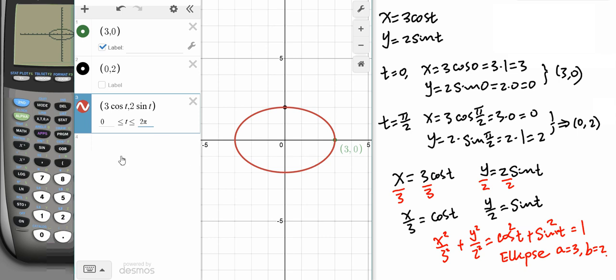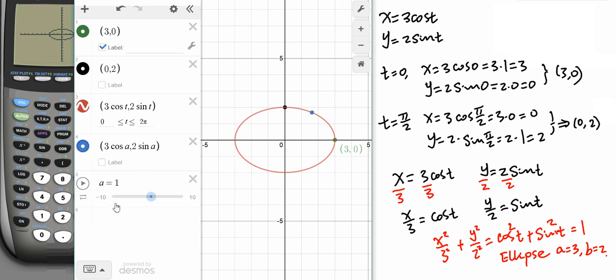Okay, and then you actually want to know the direction. For the direction, rather than cosine t, you want to do cosine a, and 2 sine a, you want to input a here. Then it adds a slider. And for the slider you do not want from -10. You want to do from 0 to pi.